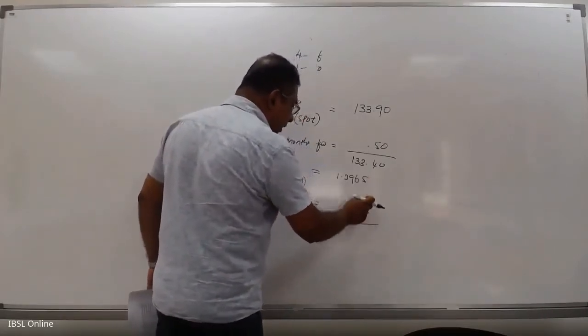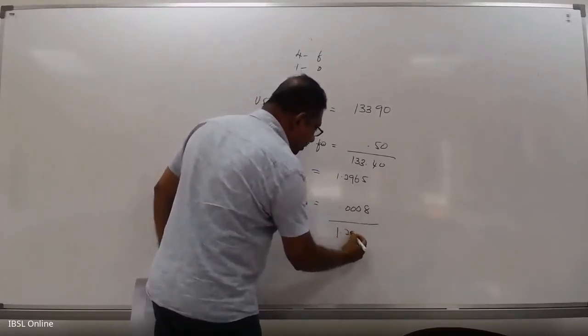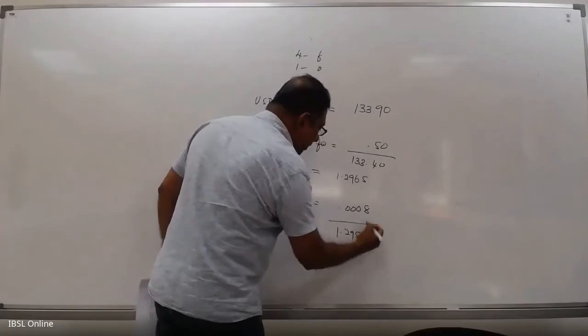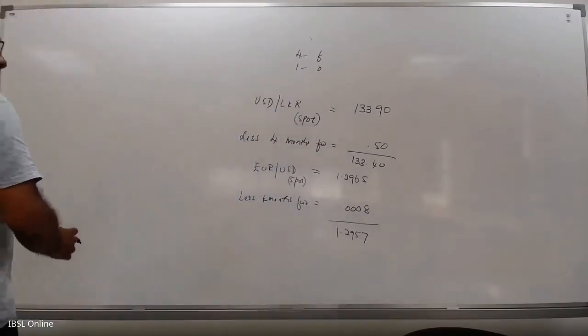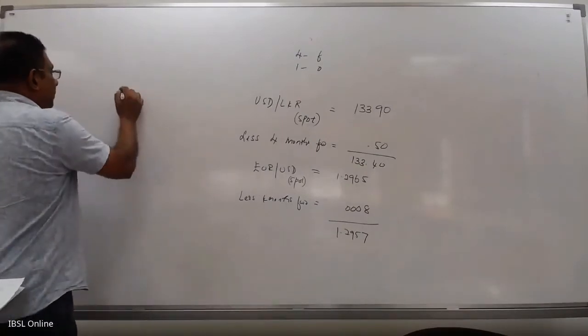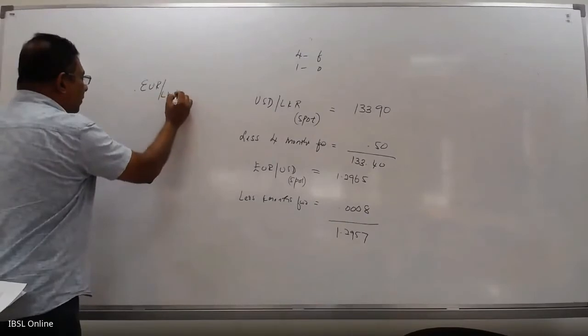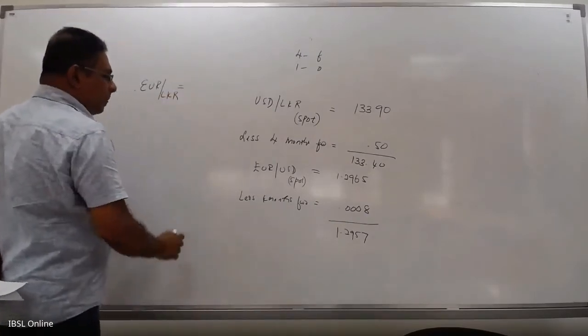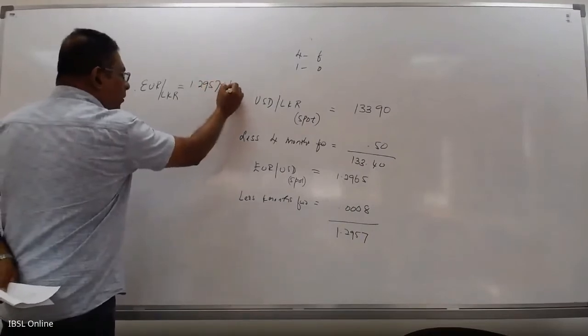When you take 8 from here, it will become 1.295. Therefore, your cross currency for that particular import shipment will be 1.2957 into 133.40.